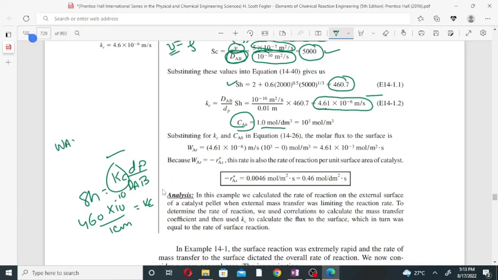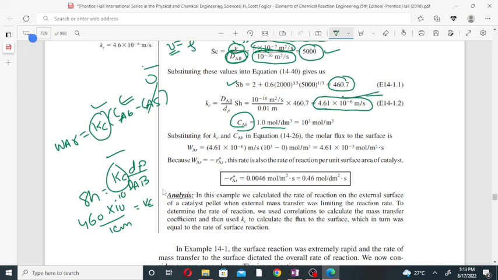WAR, the flux of component A in the radial direction, is Kc times the concentration of A in the bulk flow minus the concentration of A at the surface. The concentration of A at the surface is 0 because of the rapid reaction, and the concentration of A in the bulk flow is 1 molar. So multiply 1 molar with Kc, the mass transfer coefficient.